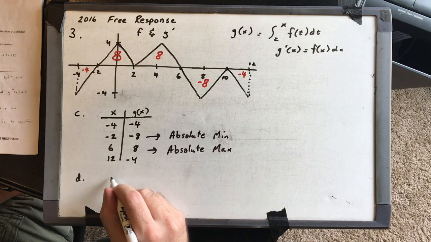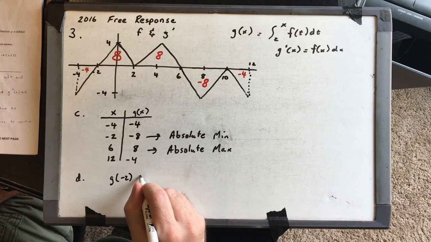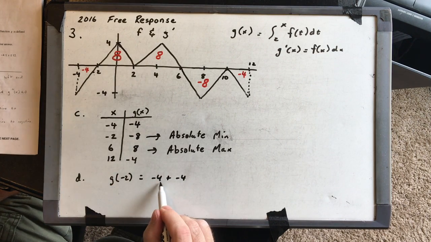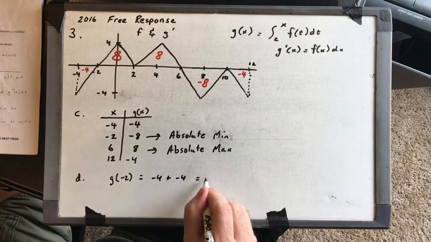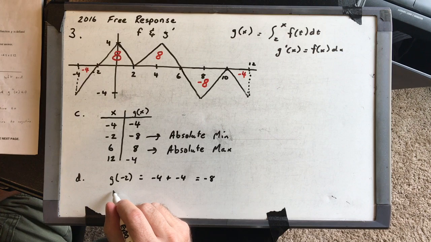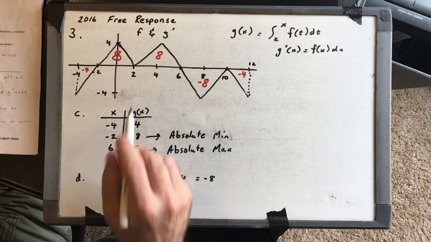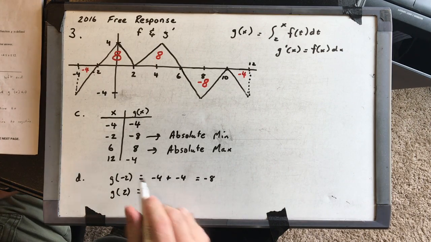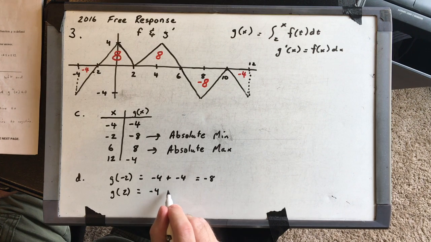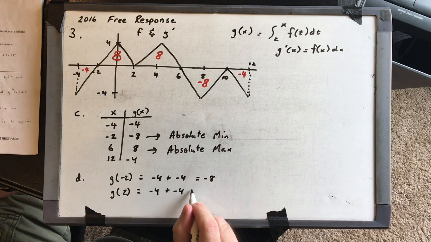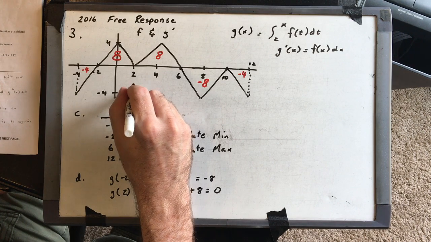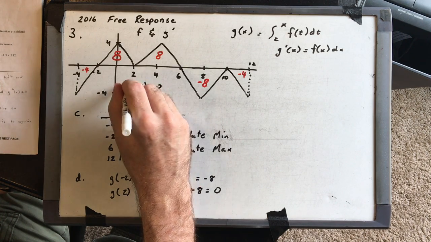So g of negative 2 is going to be negative 4 plus another negative 4, so that's negative 8. You don't get to 0 until you get to g of 2. G of 2 is going to be negative 4 plus another negative 4, plus 8. That's 0. So g of 2 is equal to 0.